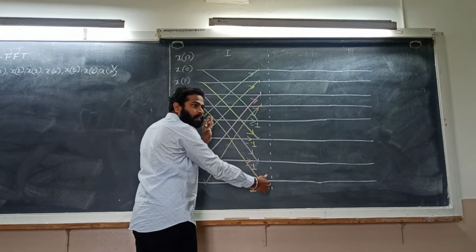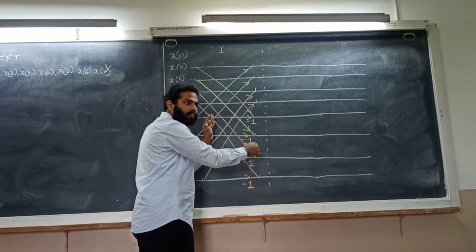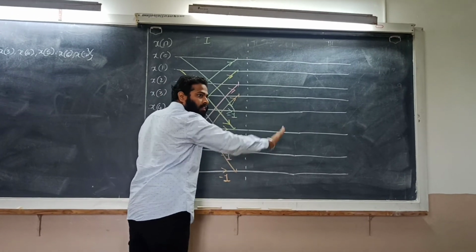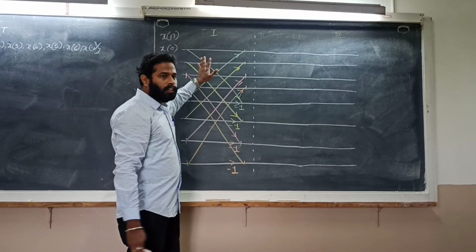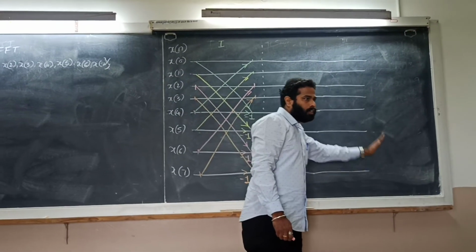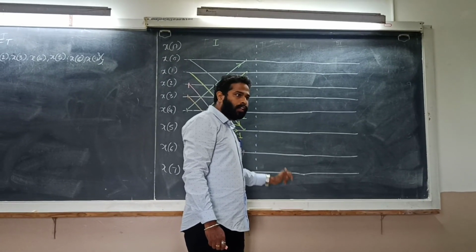Then what comes here? W8 raised to 0, then W8 raised to 1, 2 and 3. Exactly opposite. See that? This is the third stage in DIT. When you come from here, first this is the output. This is the third stage. When you come here, this W8 raised to 0, 1, 2 and 3.